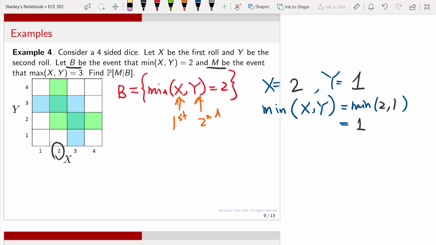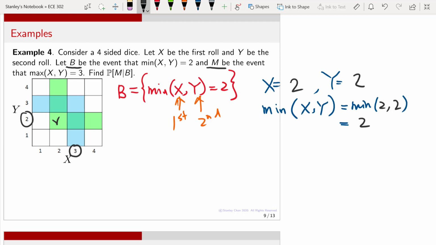Now, let's go to this case. Suppose the first is 2, the second is 2. Then you calculate the min. That is giving you 2. And so we find that the minimum is 2, and so that is part of the event. So you draw a green box. You can continue this experiment with x equals 3 and y equals 1, and this is not part of this event.